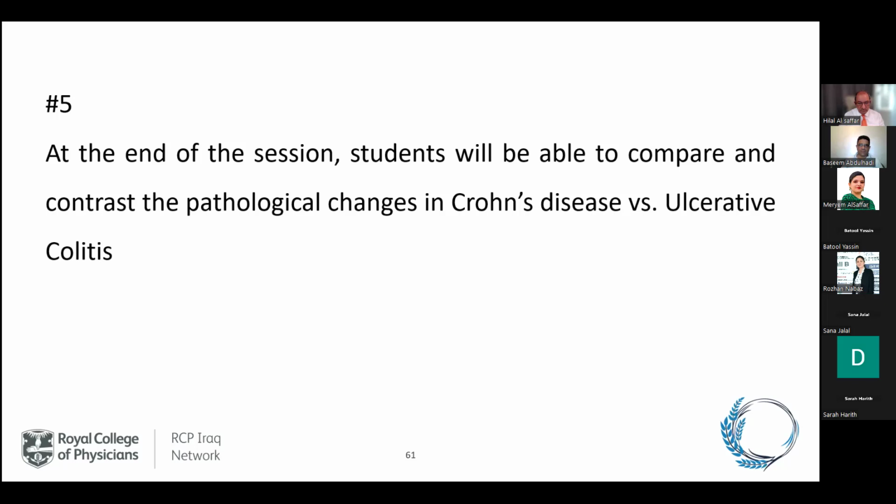Yeah, of course, 2 verbs, but I think compare and contrast is giving the same meaning. Just recognizing the differences between the 2 diseases, the pathological changes between Crohn's and ulcerative. Okay.